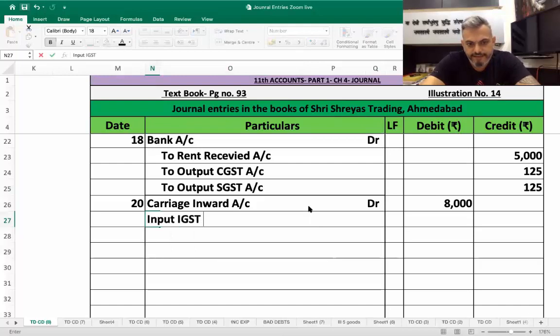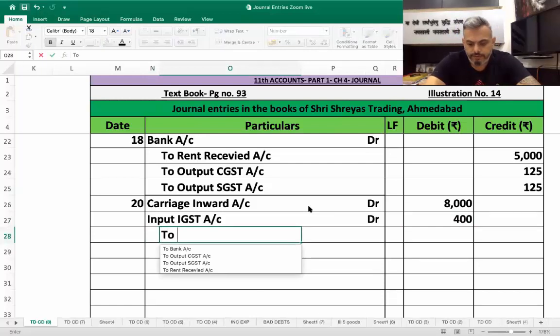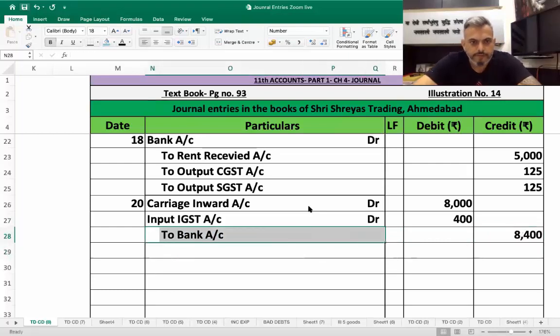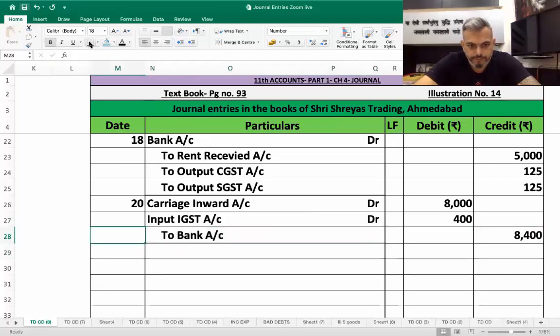Input IGST account, it is 5%, so 400, and to bank account 8,400. Do the totals.